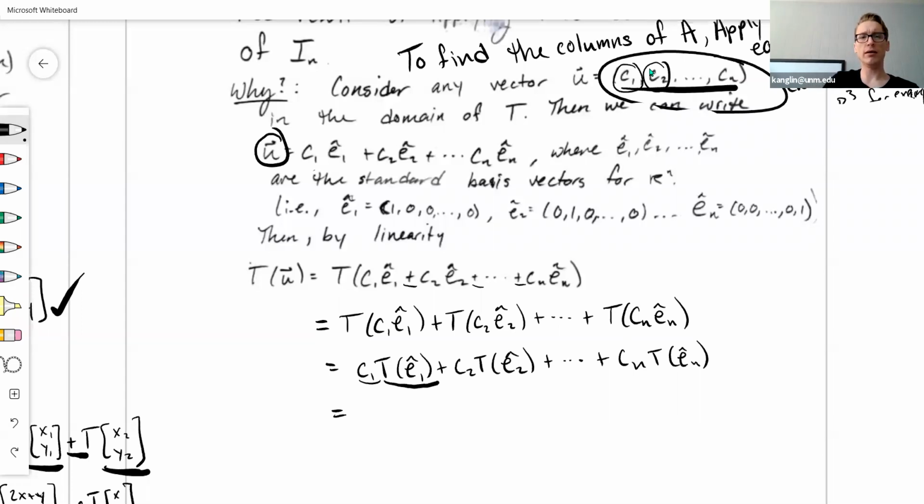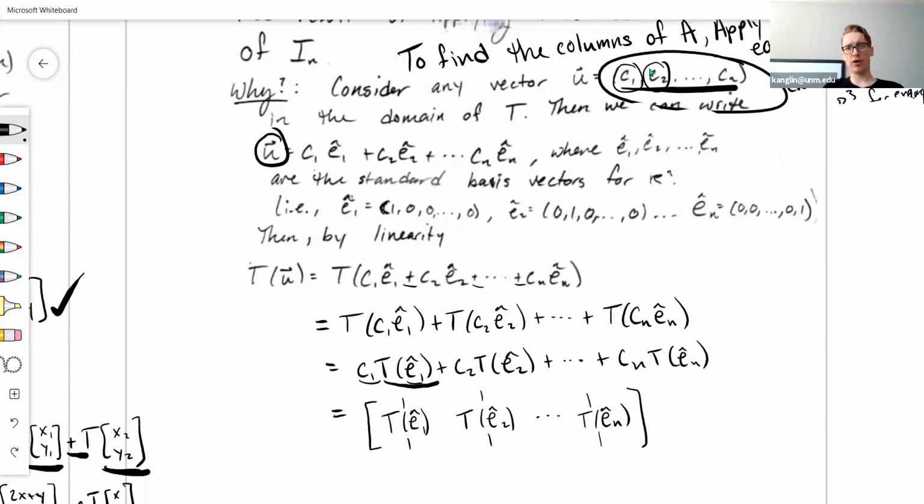We can rewrite it as a matrix containing just those columns. T applied to E1 is the first column. That's a column of a matrix. T applied to E2 is the next column, and so on, all the way out to the last column.